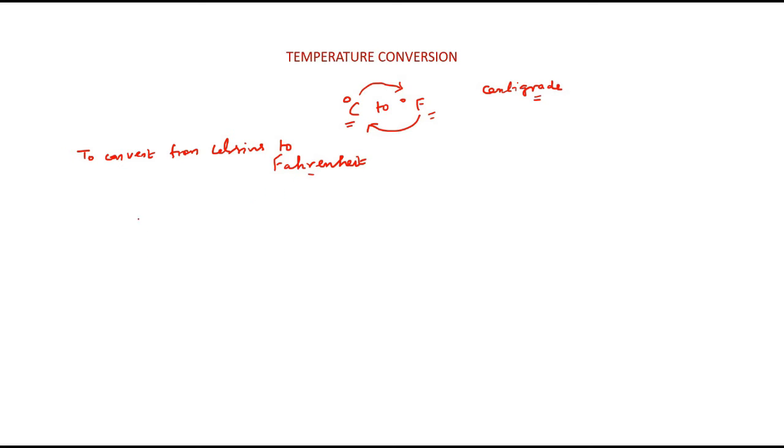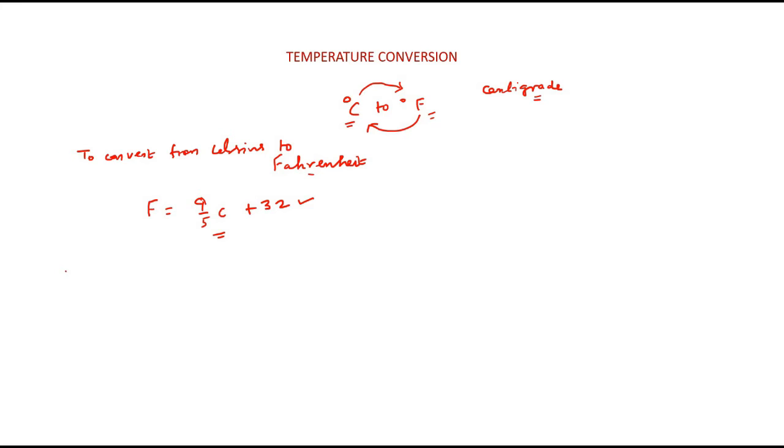The formula is, you have to convert from Celsius to Fahrenheit, so Fahrenheit temperature F is equal to 9 by 5C plus 32. That's all, very simple. So for Celsius to Fahrenheit conversion, you can use this formula.